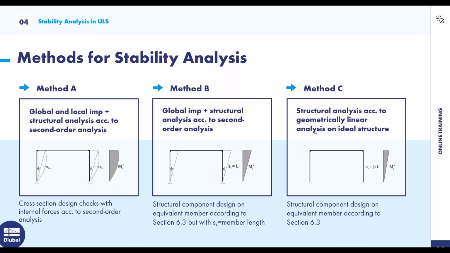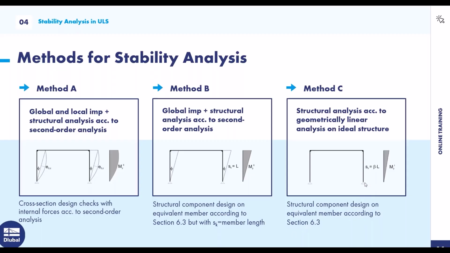Then method C: structure analysis according to geometrical linear analysis on the ideal structure, but in that case with the real buckling length. Important to method C is that the structural component design can be carried out for flexural buckling with the internal forces according to the geometrical linear analysis, which were determined on the ideal structure without the use of imperfections.